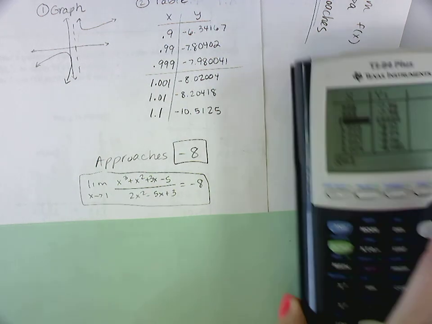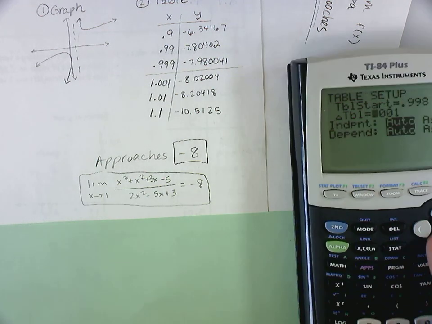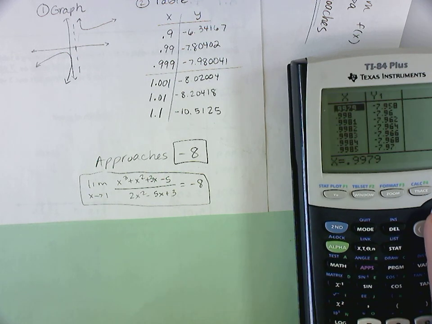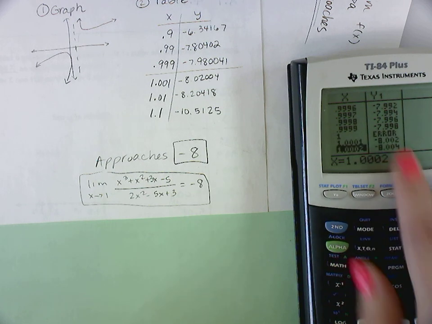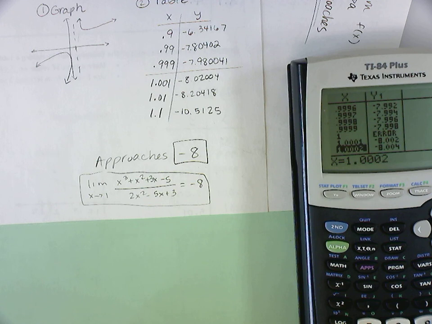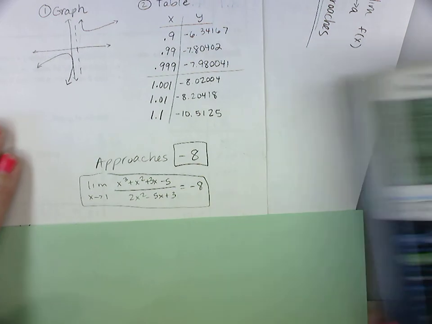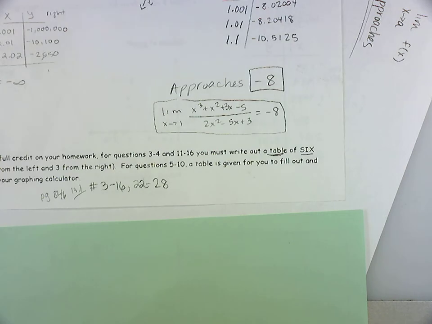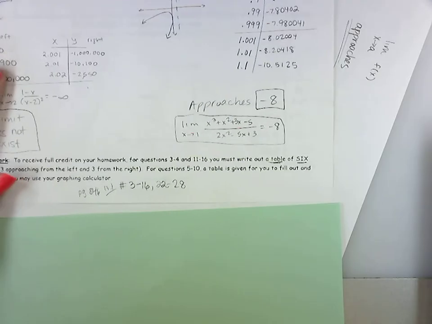If you're unsure because they are so close, something that you could do is put in another value, like 0.0001, so something that's even closer to 1 to see what happens. Okay, and then you can start to see, oh look, the negative 7.99, the negative 8.002. Okay, so your answer for that one is going to be -8.